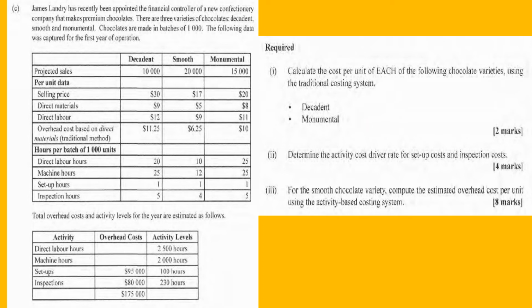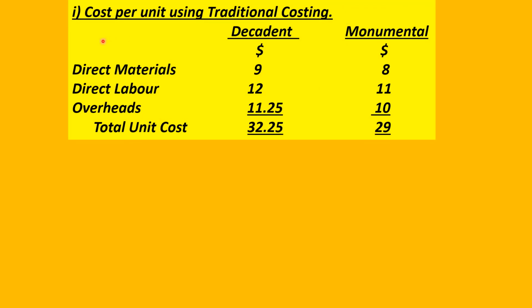So let's get into the answer. The cost per unit using traditional costing for decadent and monumental, we just add the three elements of cost together and we get the total unit cost: 225 for decadent and 29 for monumental.